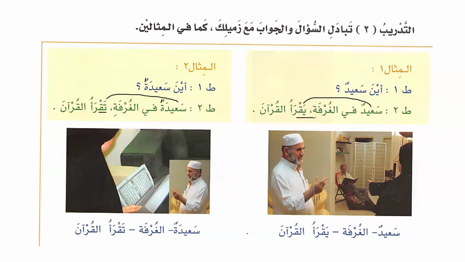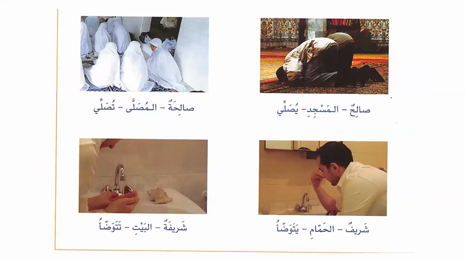Now we have over here, for example, more practice. As you can see here, we have سعيد and الغرفة يقرأ القرآن. So we have practiced this one, and also we have practiced this one. And inshallah, I'm sure based on this pattern, you will continue your practice as much as you can. For example, if I ask you أين صالح, you will say صالح يصلي. And similarly أين المسجد, and you say هذا هو المسجد.